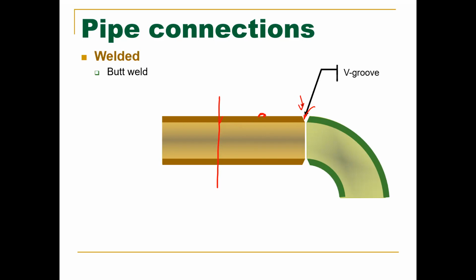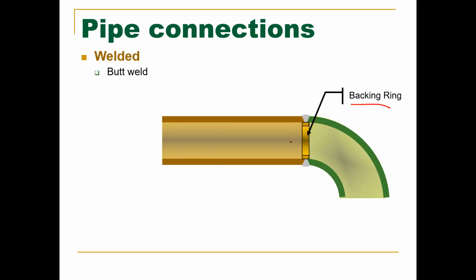That gives you a greater surface area. That's called a backing ring. It goes inside. I have never used one of these in my life, and I've never seen a welder use one. So fill it with weld. It's not a welding class, but this is a way to secure two pieces of pipe together utilizing that V-groove.